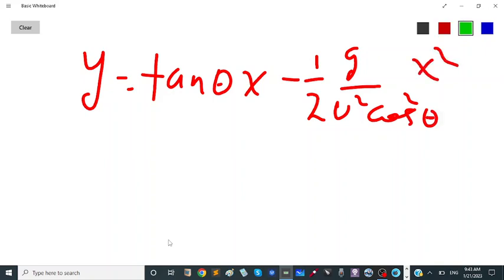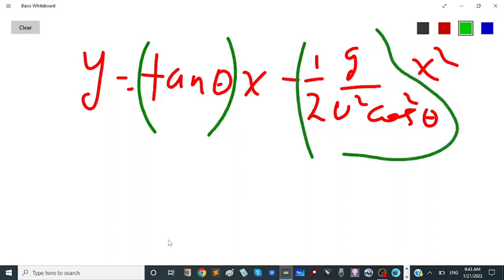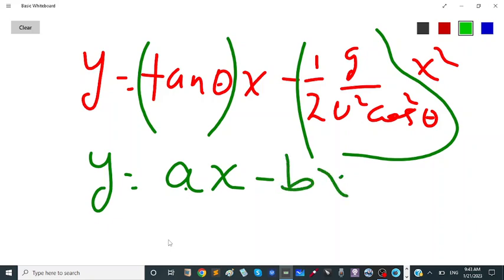Now if you seriously look at this, it can be written as a x minus b x square, like that type.